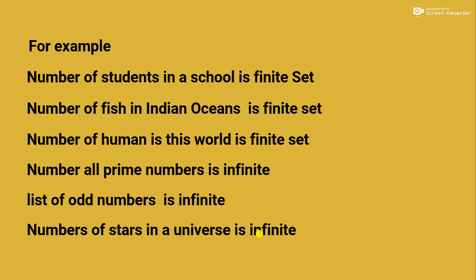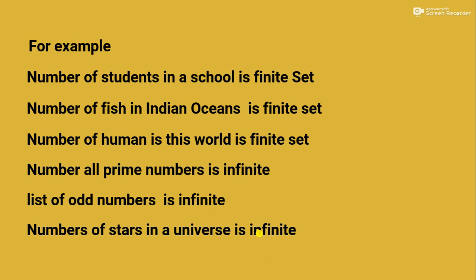Further, the infinite set is divided into two categories, that is countable and uncountable. So the set of integers is still countable, but the set of stars in the universe is infinite as well as uncountable. Those infinite sets which can be counted using the natural numbers are countable infinite sets, and those sets which are uncountable in nature are called uncountable sets.